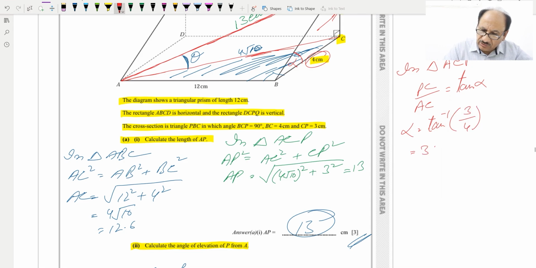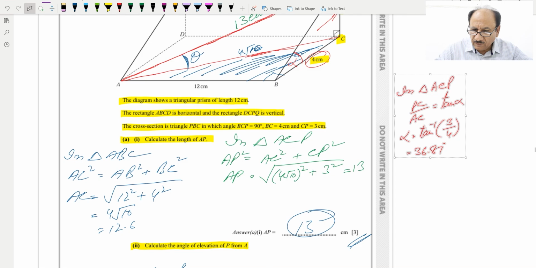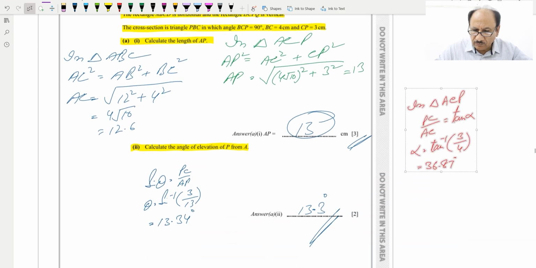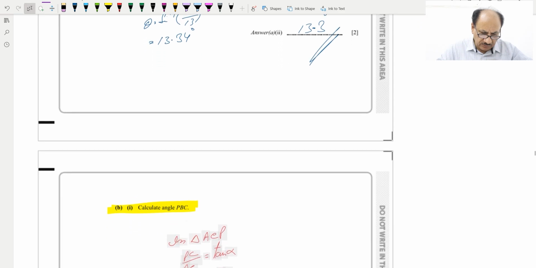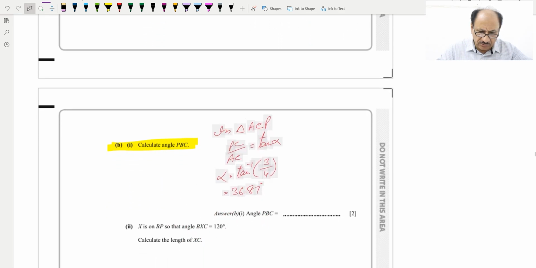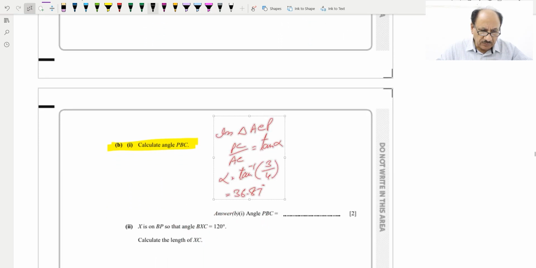So 36.87 degrees, and I will rewrite it properly like this one, and we can reduce the size and shift it to the proper place over here, and this will be the answer, and this is done.